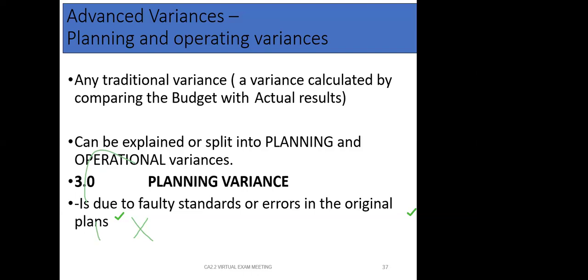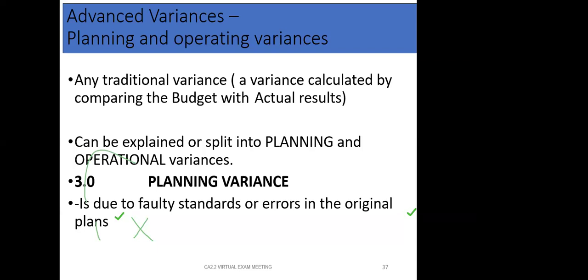Planning variance. This variance is due to faulty standards or errors in the original plans. Planning variance explains the extent to which you are at fault in planning.